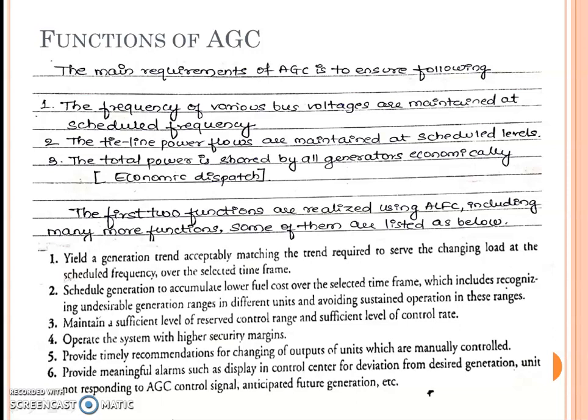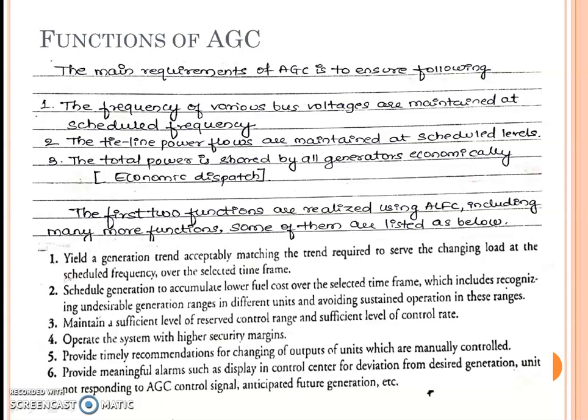They are taking the ranges here, and they are checking the recognition of the undesirable generation ranges in that system. Third is maintaining a sufficient level of reserved control range and a sufficient level of control rates. Fourth is to operate the system with higher security margins. The security margins should be given the highest priority.